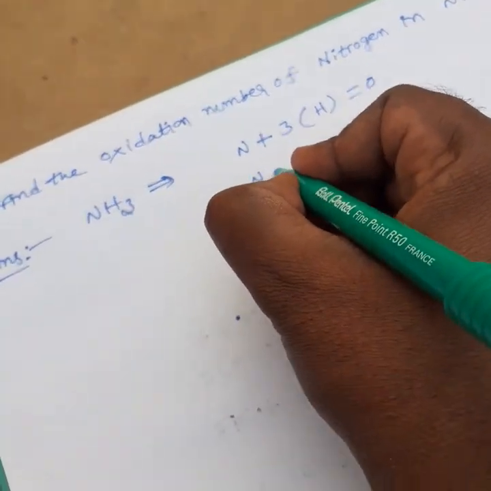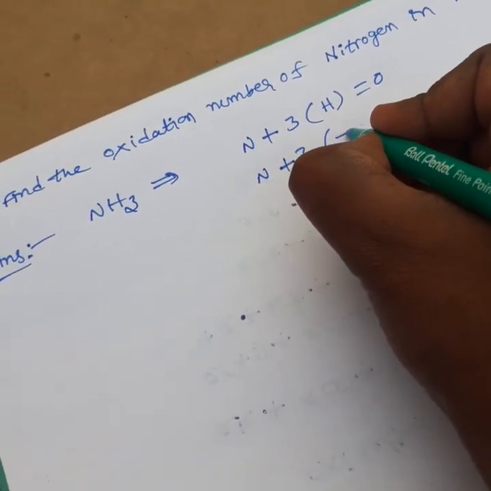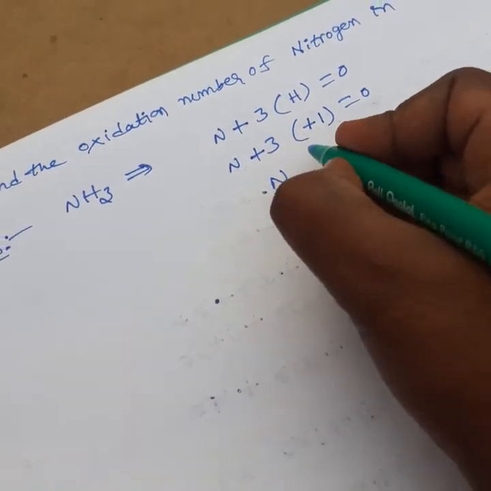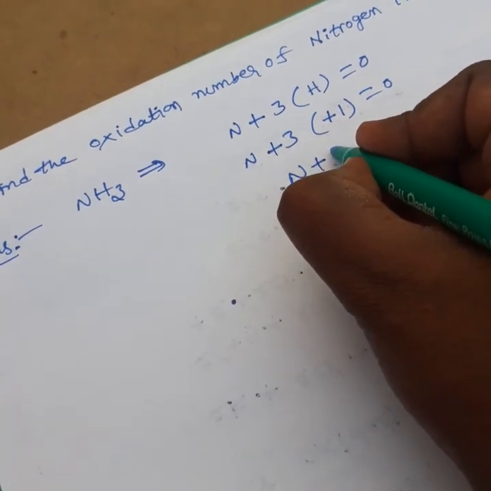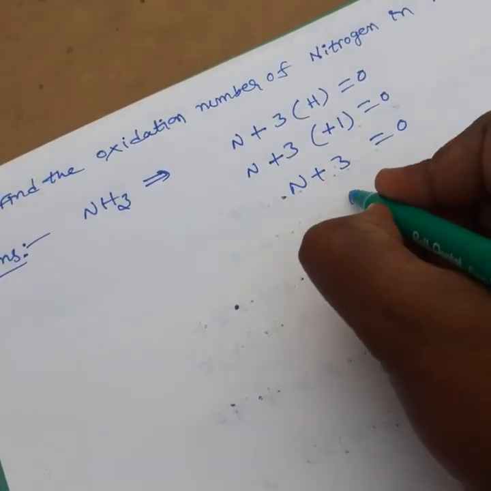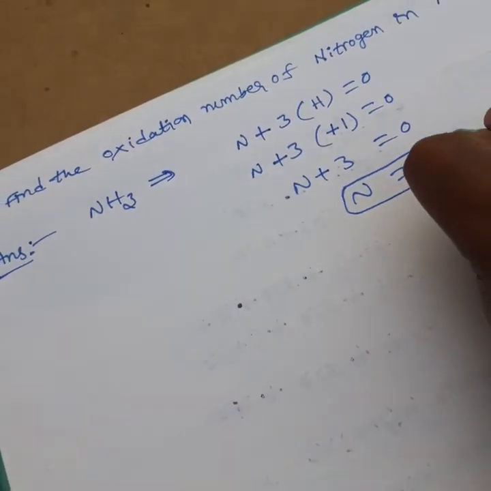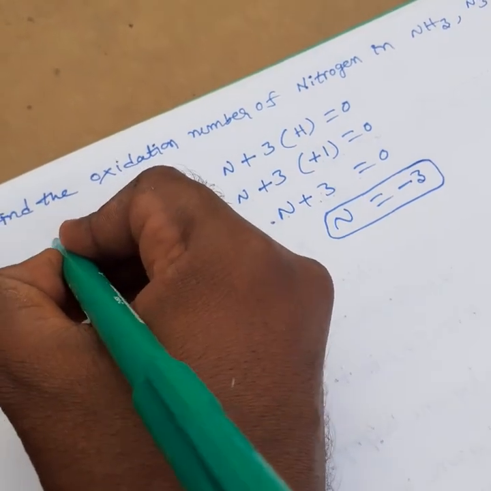Here N plus 3 into the hydrogen oxidation number, which is plus 1, is equal to 0. N plus 3 into plus 1 is equal to 0, so N is equal to minus 3. This is the first one.